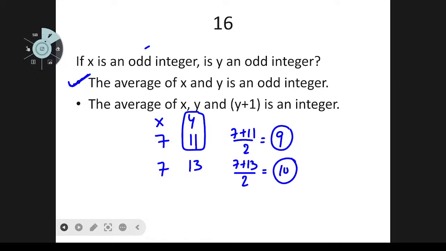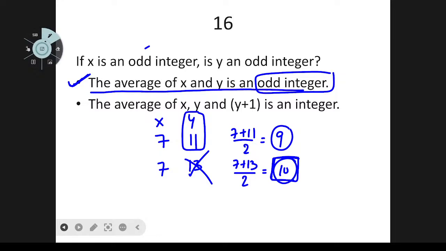Now I am not supposed to consider this value, because I am getting the answer as 10, which is not an odd integer. I should only take the values which are satisfying the condition. So this value I cannot take.